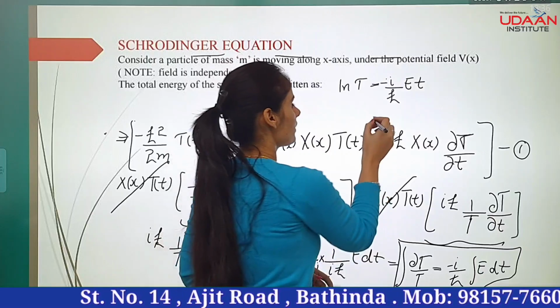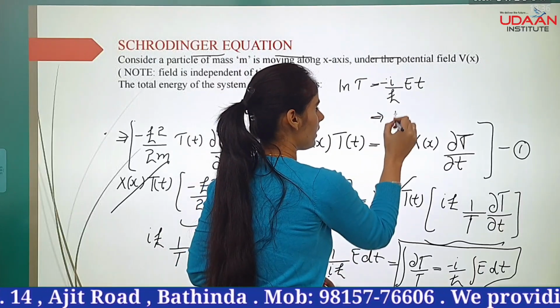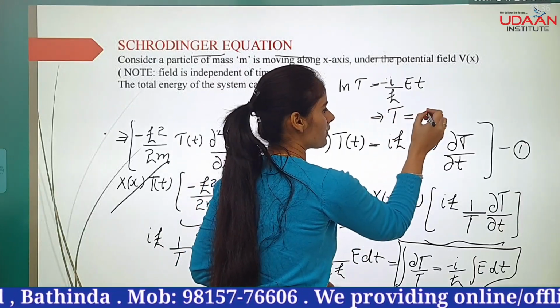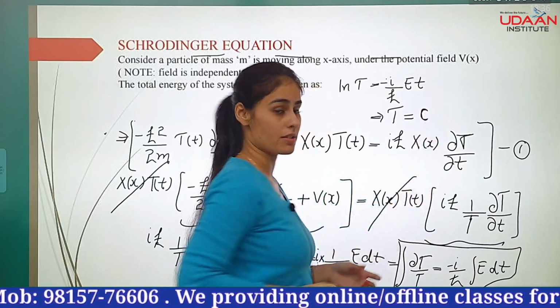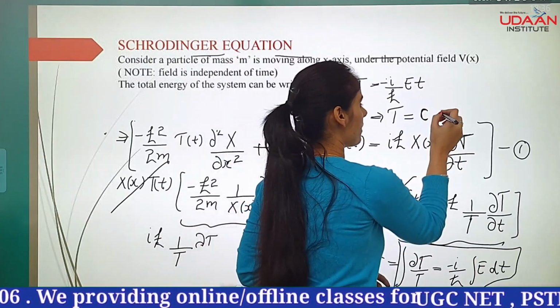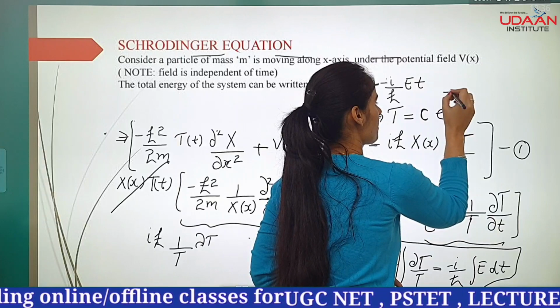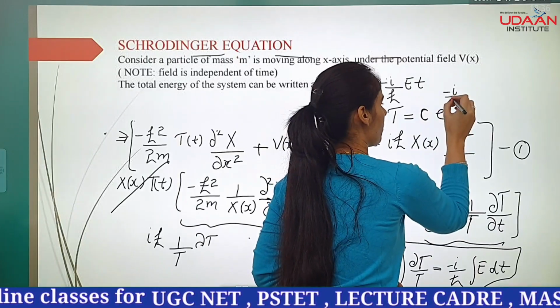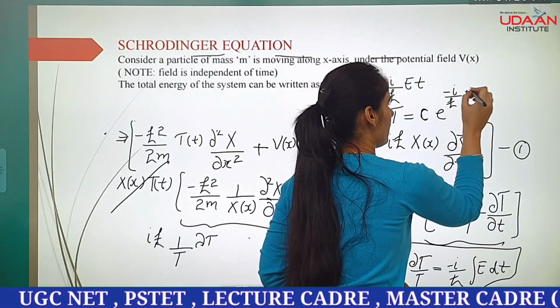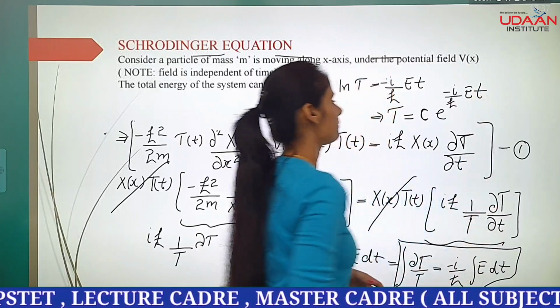So this is going to be T is equal to some constant times exponential e raised to power minus iota over h bar E t.